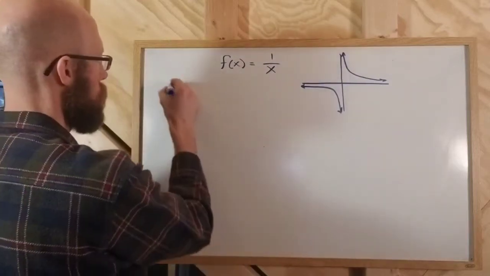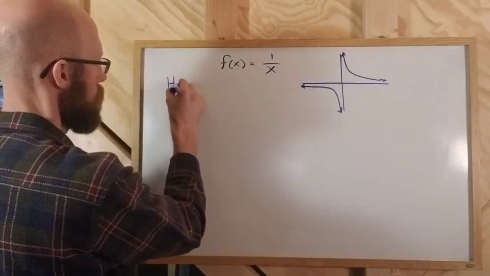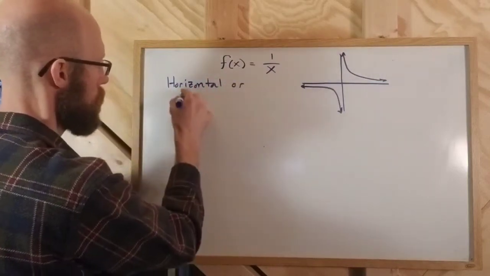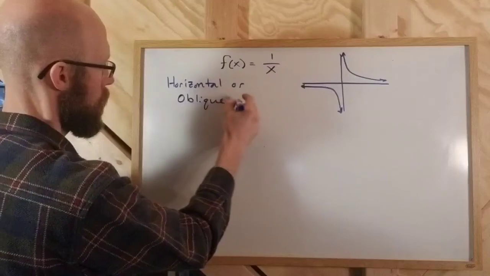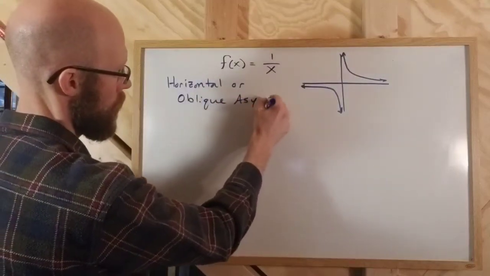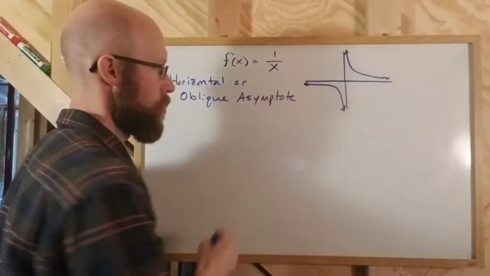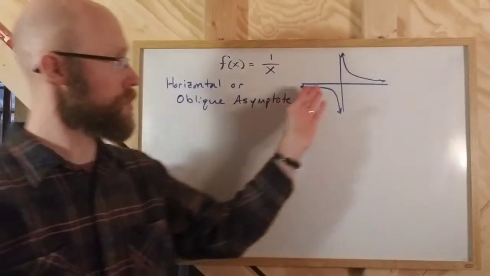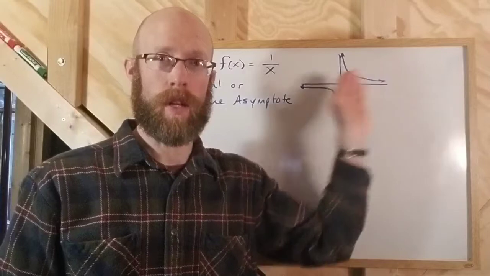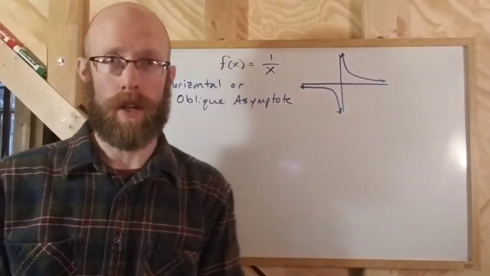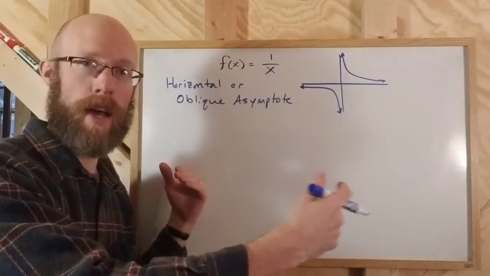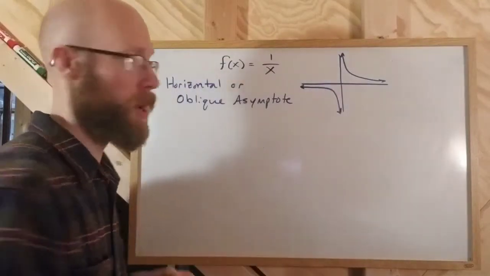And so for a horizontal asymptote or oblique, we're looking at the behavior of the graph as x approaches either positive infinity or negative infinity. It's the behavior of the graph for large values of x in both the positive and negative direction.